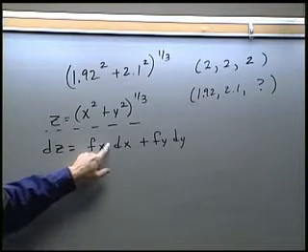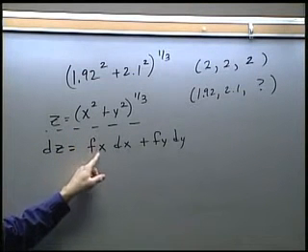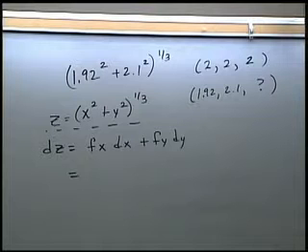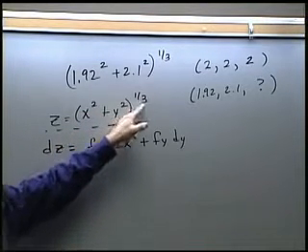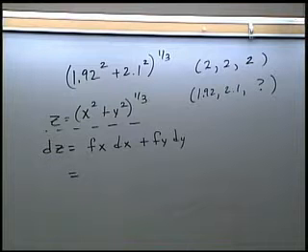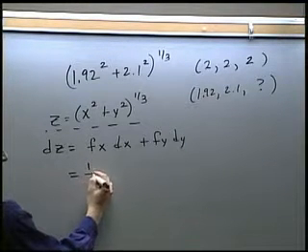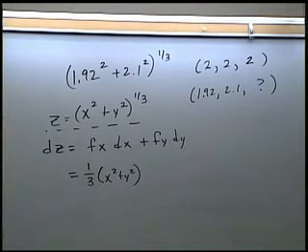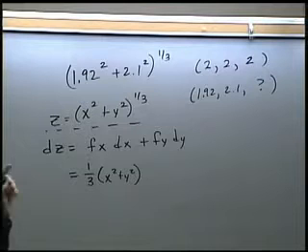All right, so my first question, what's the derivative of this function with respect to x? I've got something to the 1/3. So what's the derivative of something to the 1/3? Okay, 1/3 times all this to the what? Negative 2/3.